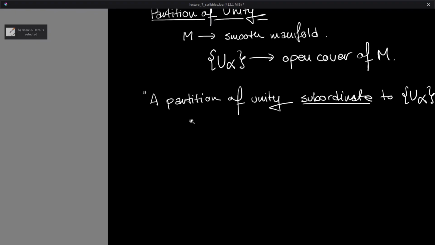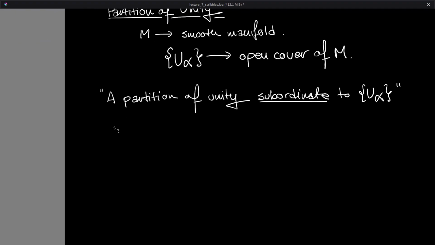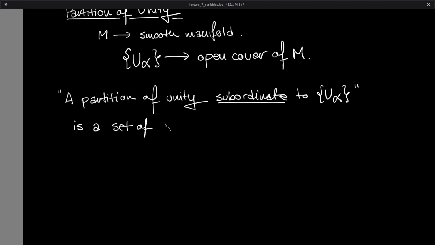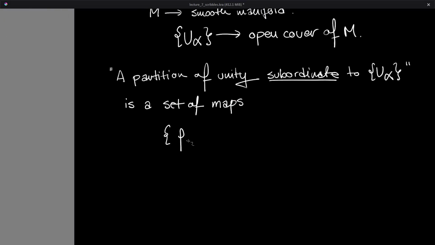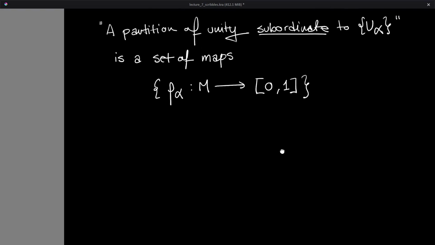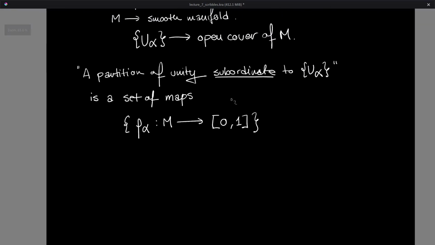So what is it? It's a set of maps, one map for each U alpha, rho alpha, that takes you from M to the closed interval 0 to 1. And so this is going to be the weight, right? This is the weight.